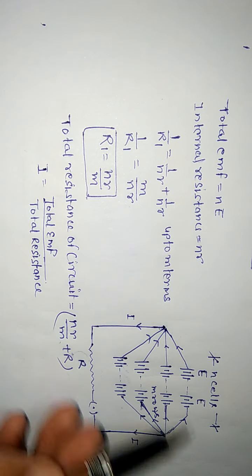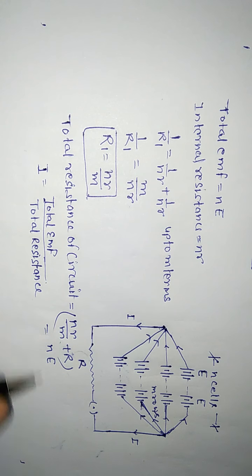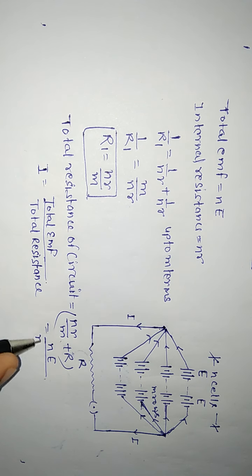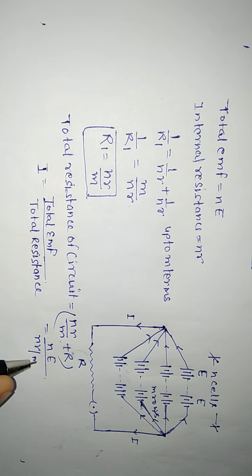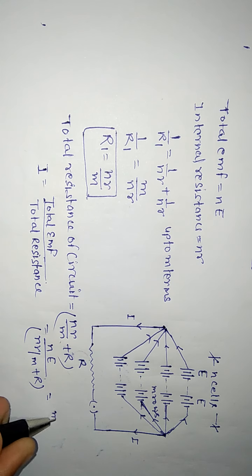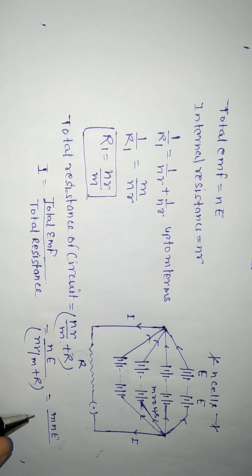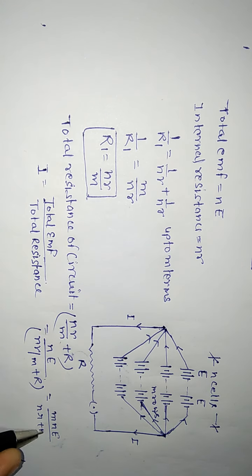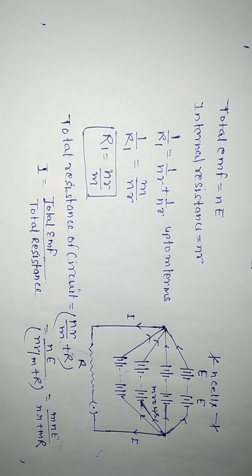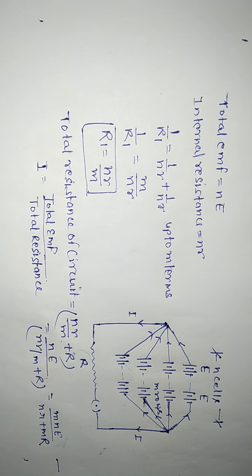The total EMF of this circuit will be equal to nE, and the value of total resistance for the circuit is nr/m plus R. On further solving it, you will get mnE upon nr plus mR. This is the value of current. Let this be equation number 1.